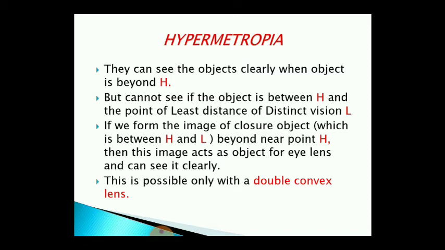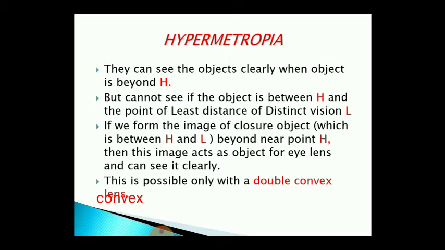If we form the image of a closer object, which is in between H and L, beyond the near point, then this image acts as an object for the eye lens and we can see it clearly. Means we have to form the image of the object which is between the near point and the point of least distance of distinct vision, beyond H, then we can see it clearly.